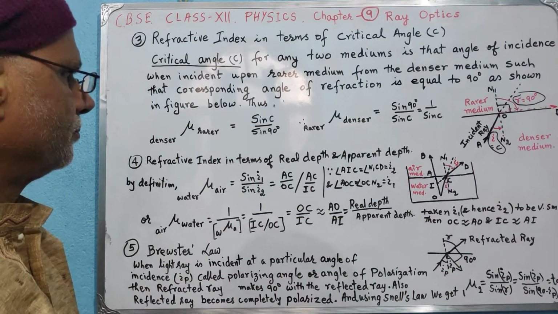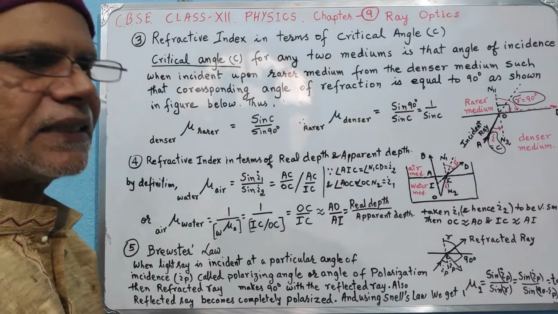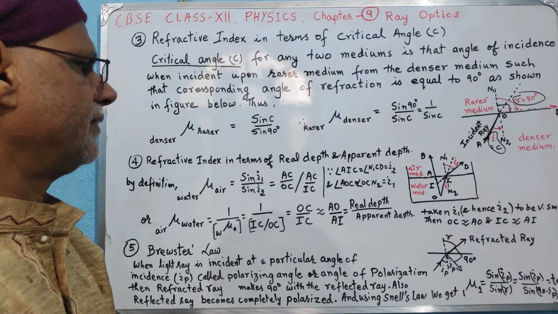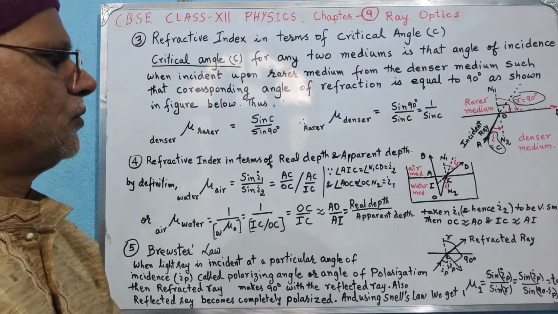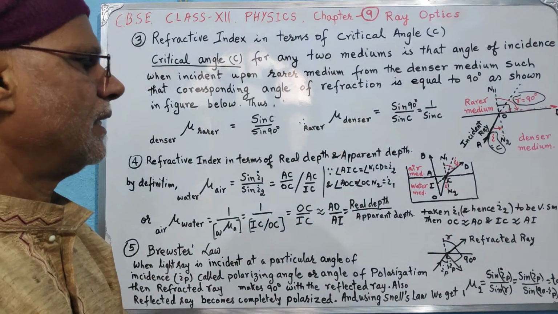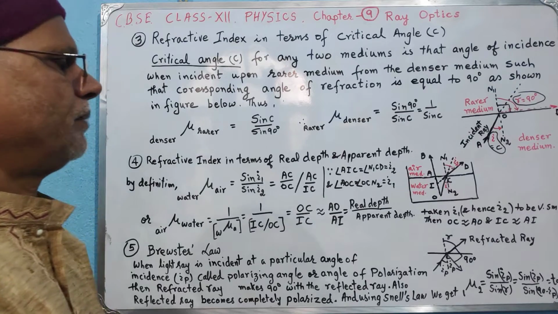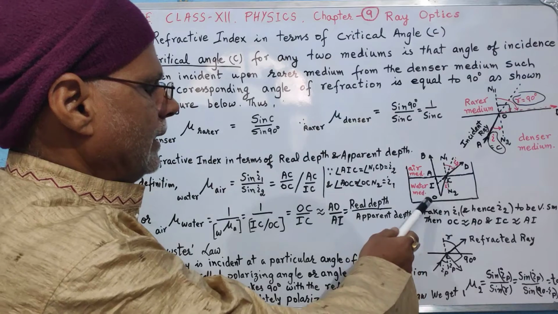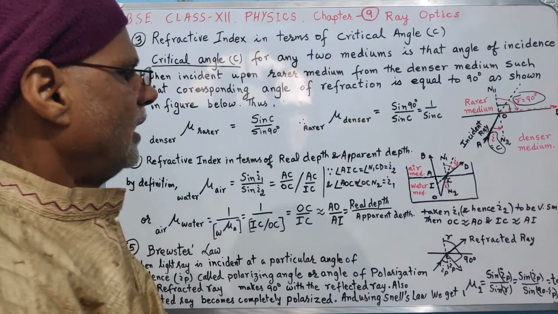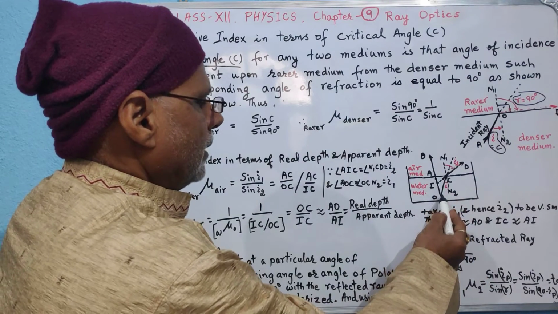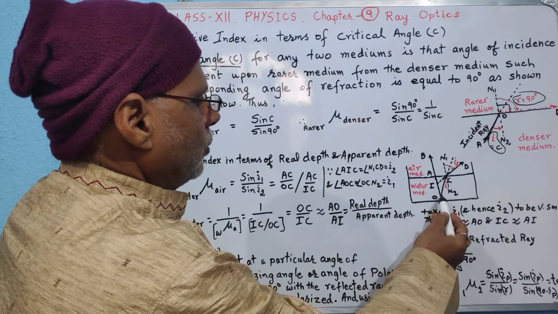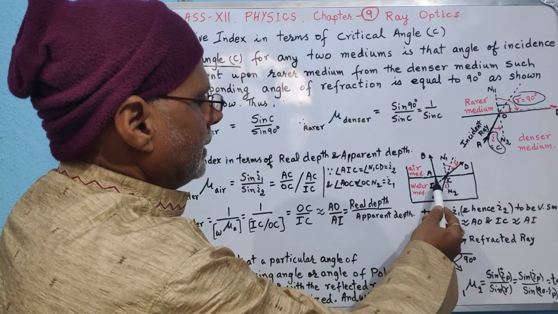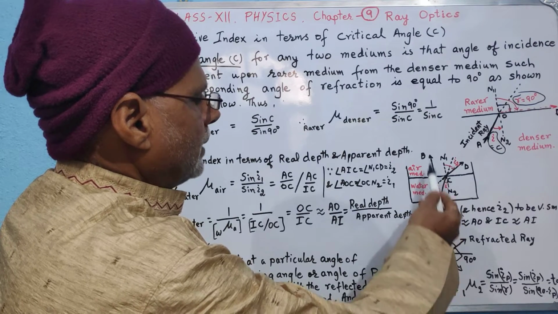Now we define refractive index in another form as the ratio of real depth and apparent depth. You must have read it in class 10, but we again revise it. We have taken an object at point O lying inside water, and we select two rays emerging from the object, one along OB and normally incident on the layer separating water and air.